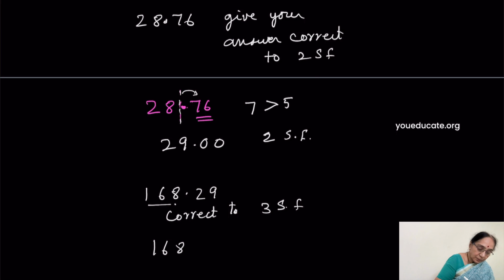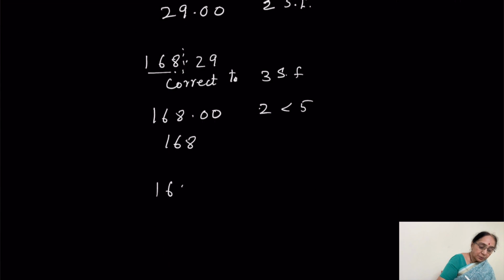Then you have the line over here, and after that is 7. Had it been 2, it is less than 5, so you ignore it and change the rest of them to zeros, so the answer is 168. Had it been 16829 instead of the decimal point, your answer would have been 16,800. The last 2 digits are changed to zeros. So 16,800, correct to 3 significant figures.